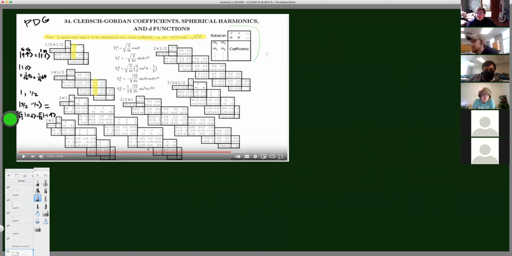I like having a reminder of what all these things mean on the table. So if you are inclined to write in your book, you could just write this little thing right in your book so that you always know what all these numbers are.